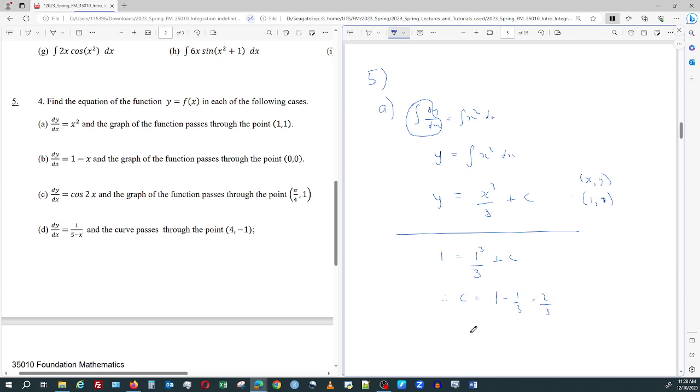Don't normally say that, do I? So while that's the general form, or the general solution, the particular solution is y equals x cubed on 3 plus 2/3.